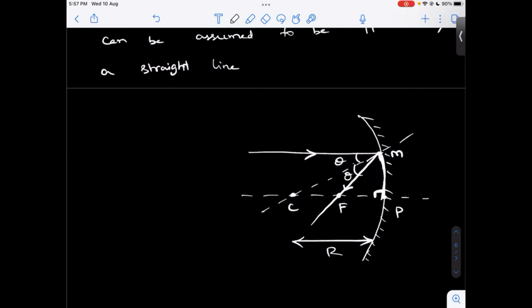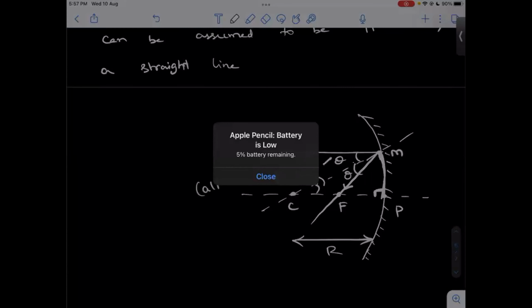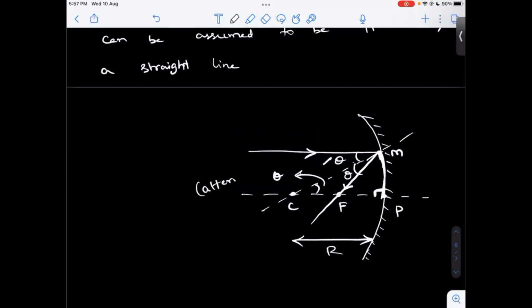Say this angle is theta, then how much is this angle? This angle is also theta. Why? Because they form alternate interior angles.